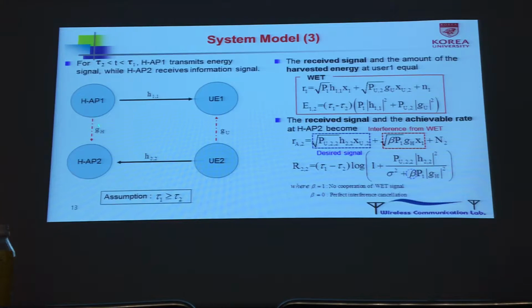So in this case, there will be some interference between the two base stations, and user 2 may also interfere with the first user. But as I mentioned before, this signal is not an interference to user 1. On the contrary, this signal can be utilized again to harvest energy for user 1. So the whole formulation may be different from the conventional communication system.